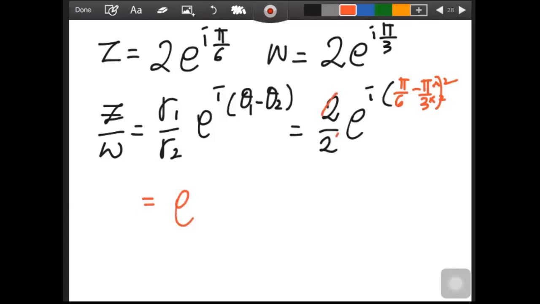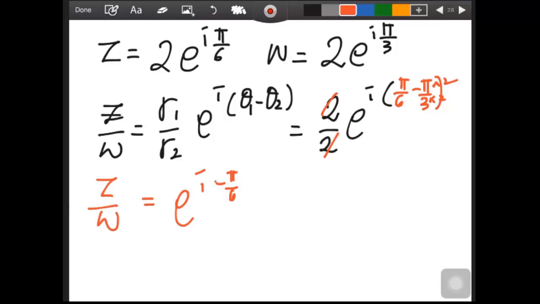So dapat 1 exponential I negatif lah. So pi minus 2 pi dapat negatif pi over 6. Okay. So ini Z over W.